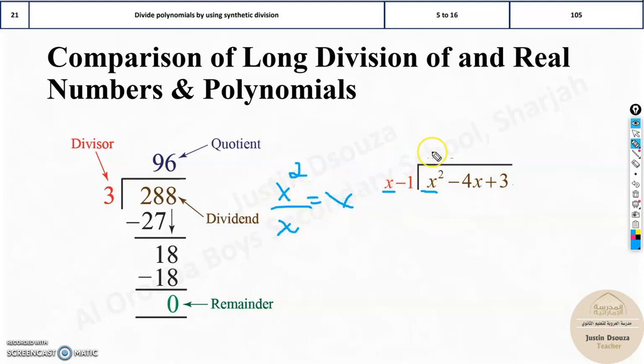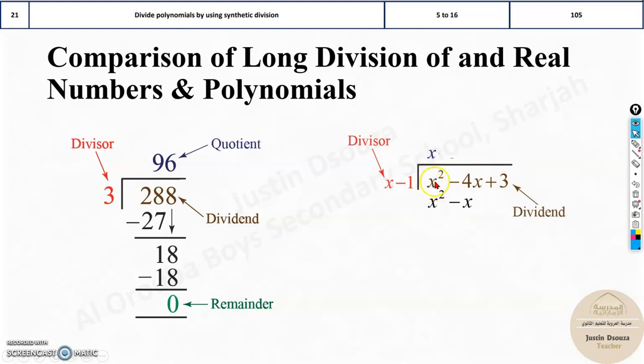So you need to multiply this by x to get x squared. Or else you can think like this: what do you have to multiply this term with to get x squared? It is x. So divisor, dividend. Now multiply this x over here, you are going to get x squared minus x.